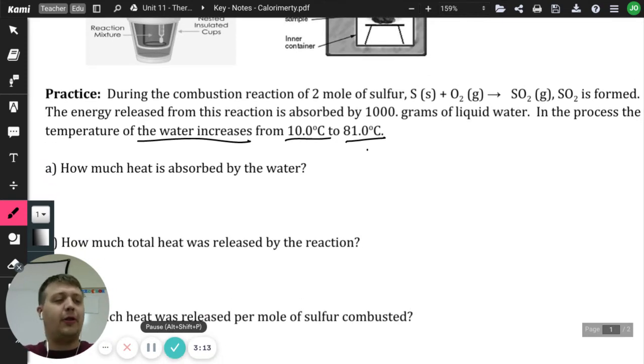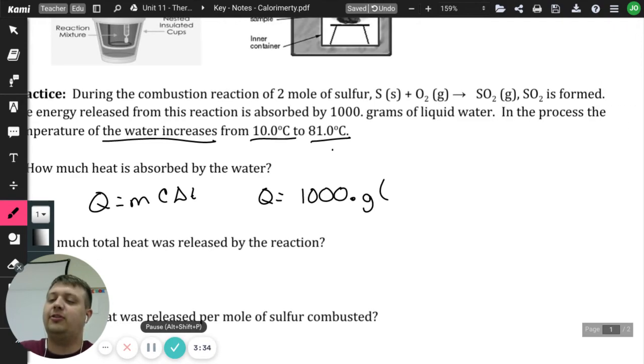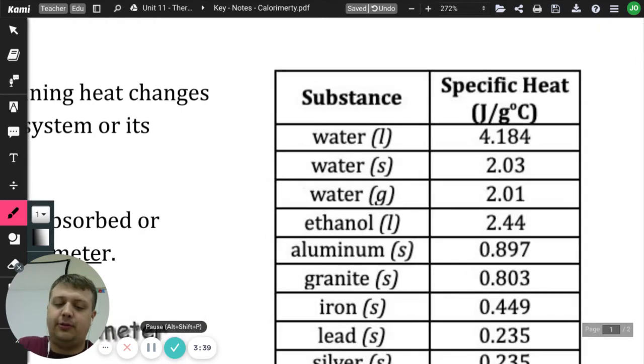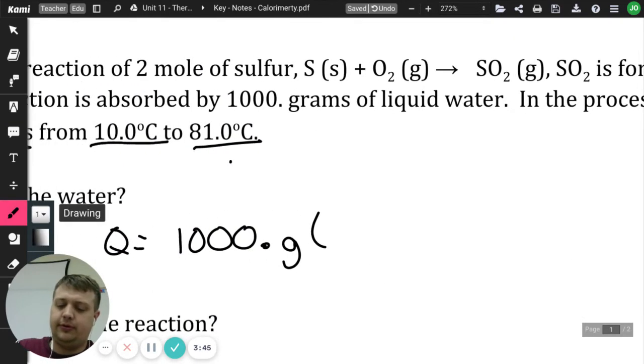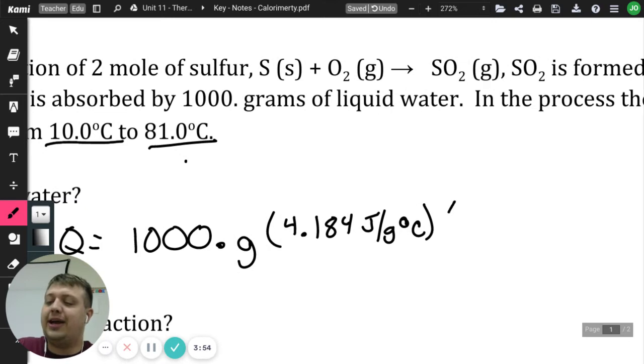So how much heat is absorbed by the water? Anytime we are talking about heat change, temperature change, Q equals mc delta T is the formula we use. So Q equals my mass, which they told me was 1,000 grams, times the specific heat of liquid water. For that, we can come up here to the top, where we find that the specific heat of liquid water is 4.184 joules per gram degree Celsius, times my change in temperature.